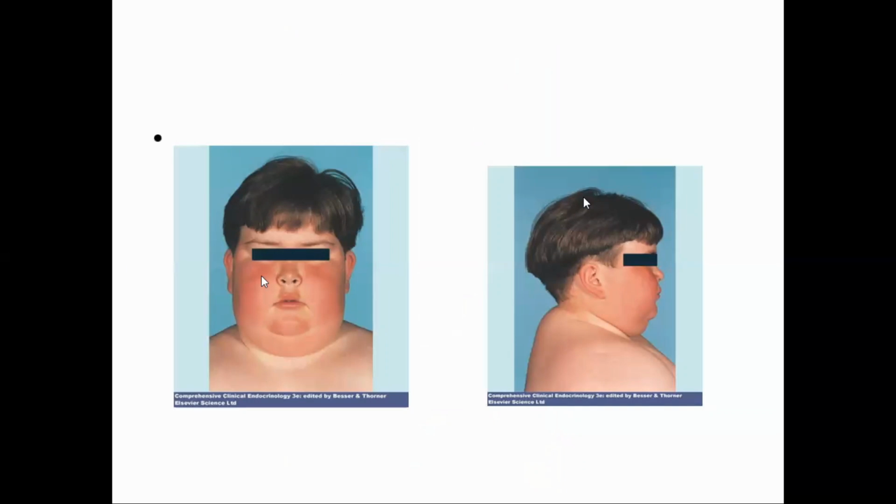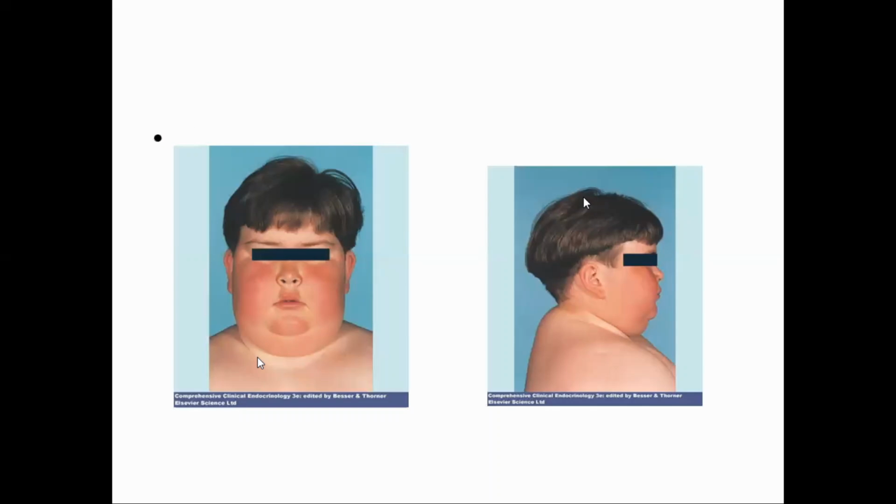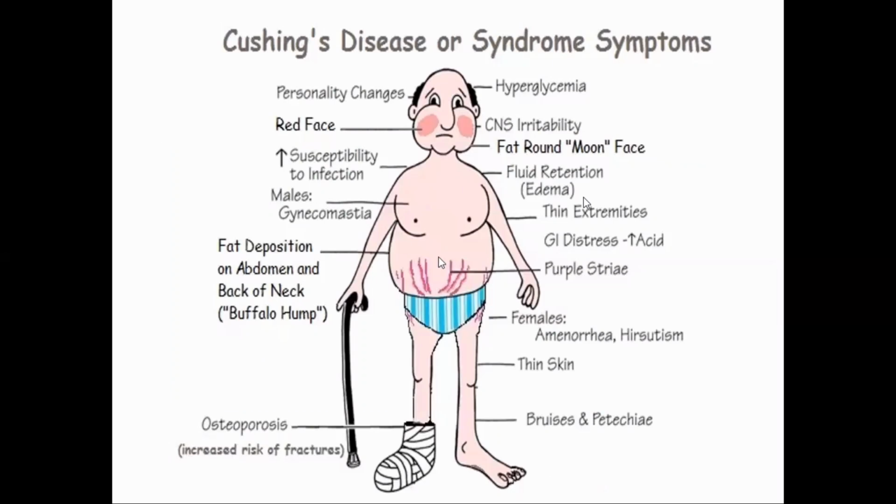Okay, the person is having a moon face, facial plethora, and this is a buffalo hump. This is a picture of a person with Cushing's syndrome. These are all these purple striae. In a patient with Cushing syndrome, there is deposition of fat in the abdomen, and the arms and legs become thin. Purple striae, you can even remember this picture.